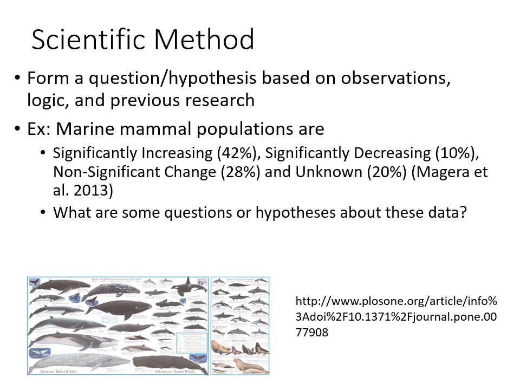What are some of the questions or hypotheses you might have about these data? Well, it might be, since most of them are significantly increasing, we might want to know, well, why? How come in the world where most other things are decreasing in population number because of human influence, why are these increasing?